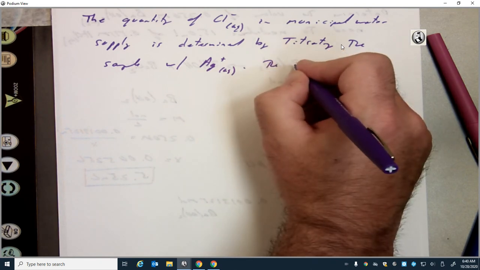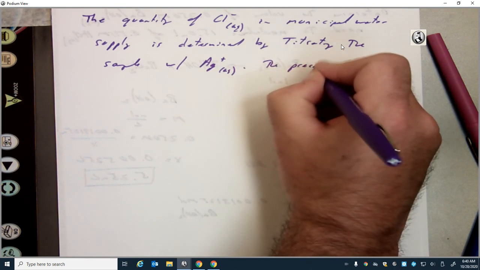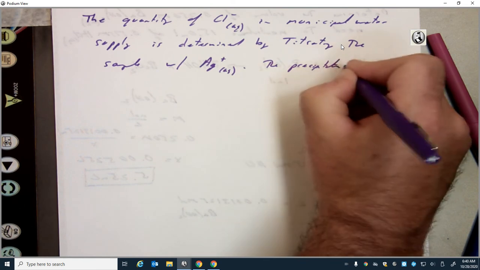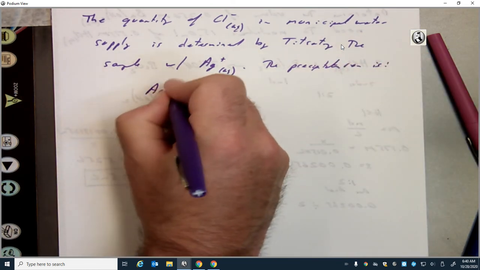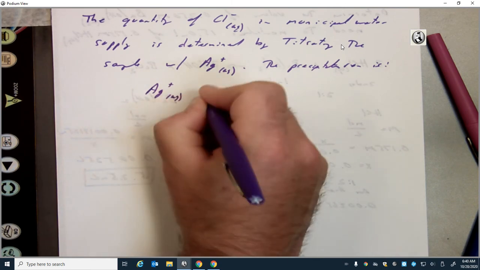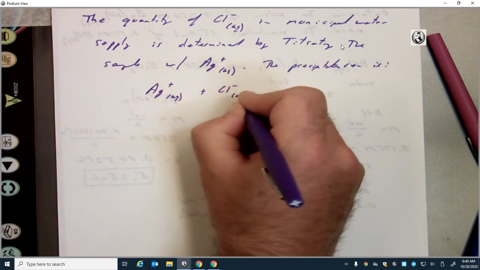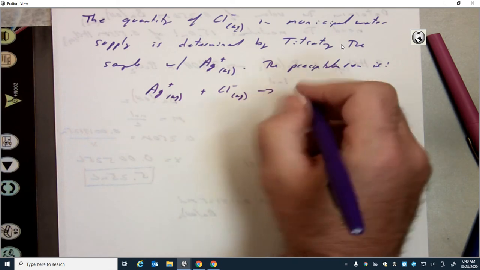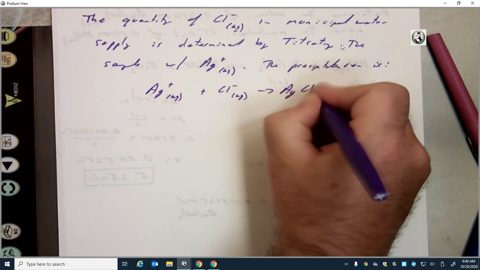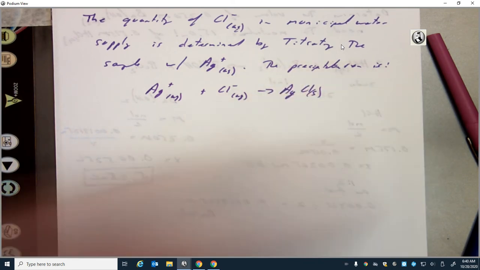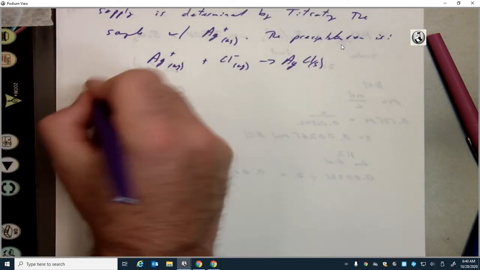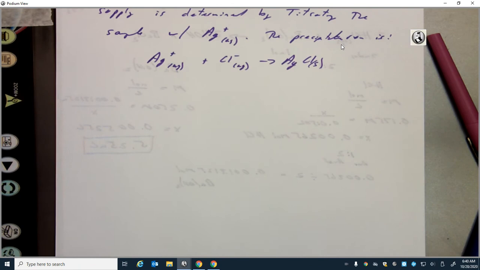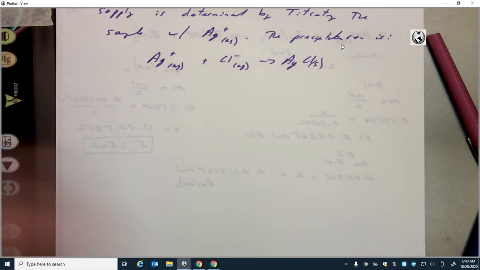The precipitation reaction is Ag plus aqueous plus Cl minus aqueous goes to AgCl solid. I haven't even gotten to the question yet.